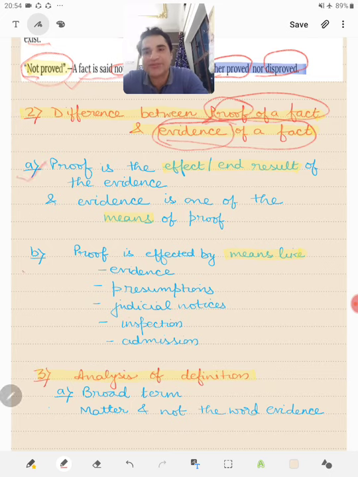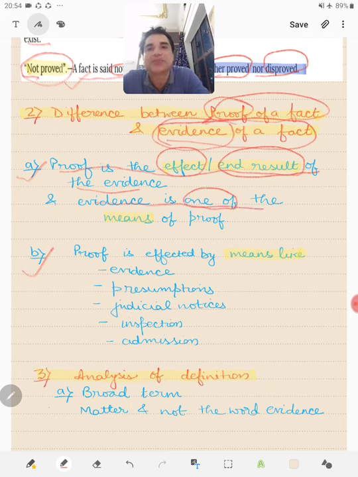The first difference is that proof is the effect or the end result of the evidence, and evidence is one of the means of proof. So, proof is the end result, while evidence is the means through which something is proved. So, it is a means, and this means leads to this end result.